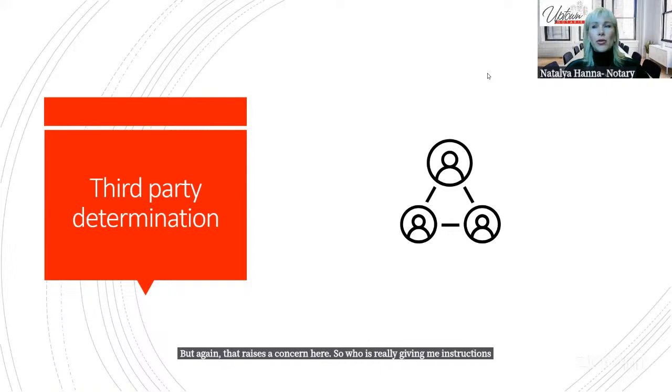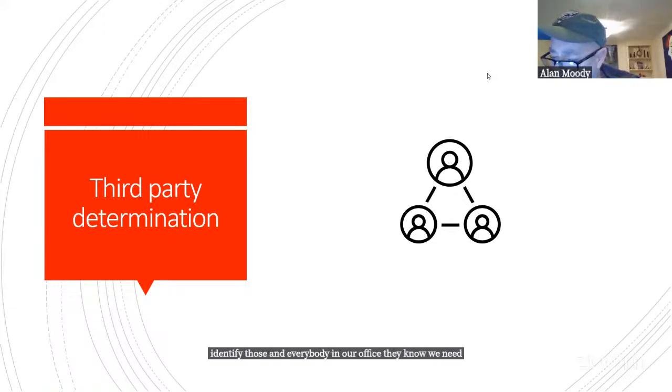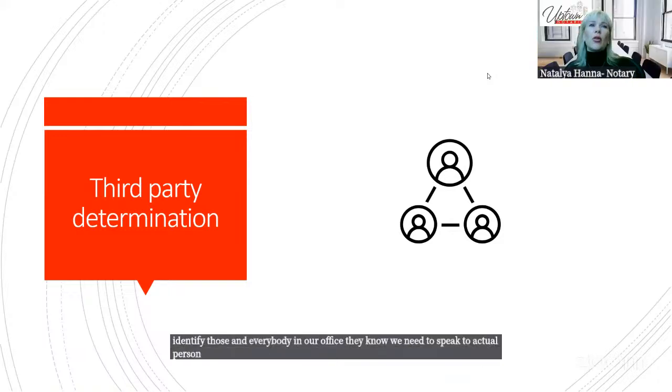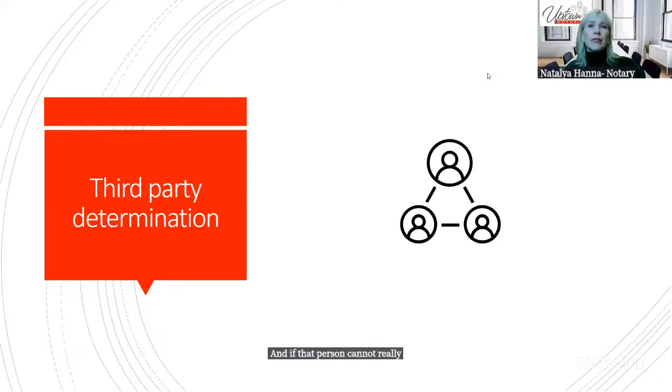So it's really important always to identify those, and everybody in our office knows we need to speak to the actual person. If that person cannot talk to you or provide instruction, then why? Maybe there is a capacity issue. Sometimes that happens too, and if that person lacks capacity, then it's a completely different conversation.